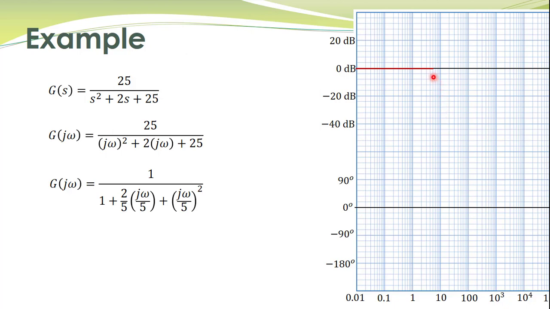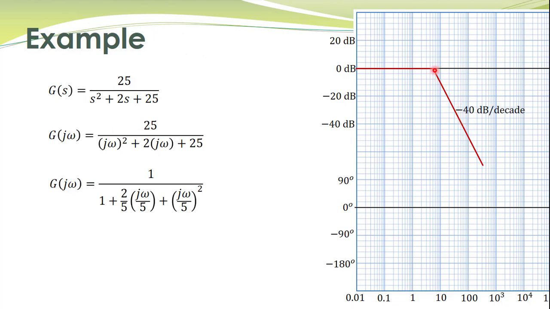So you already know how to draw a line with minus 40 dB per decade. Simply indicate the frequency which is a decade after this frequency, which is 50, and at 50 the graph will drop from 0 dB to minus 40 dB.